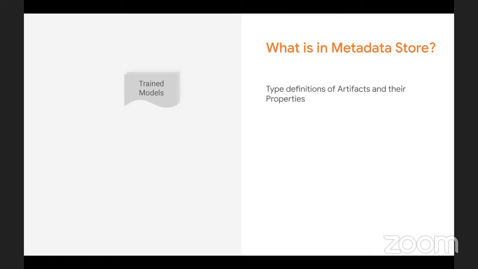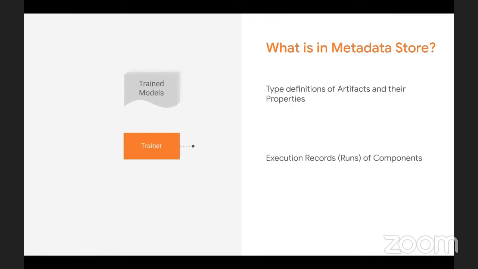And they also have a payload. So in the case of say, a data set, which is an artifact, the payload for that will be the data set itself, which is kept in storage somewhere. So part of this is kept in a database, part of it is kept in storage, and then you have a URI that points to it.